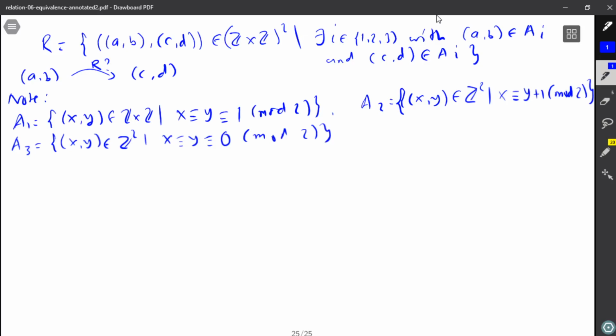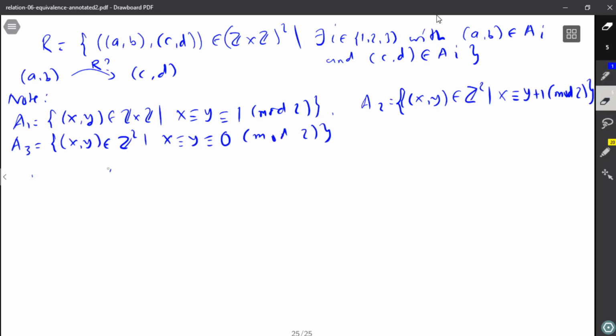So now we could combine this together. Let's just rewrite it slightly.